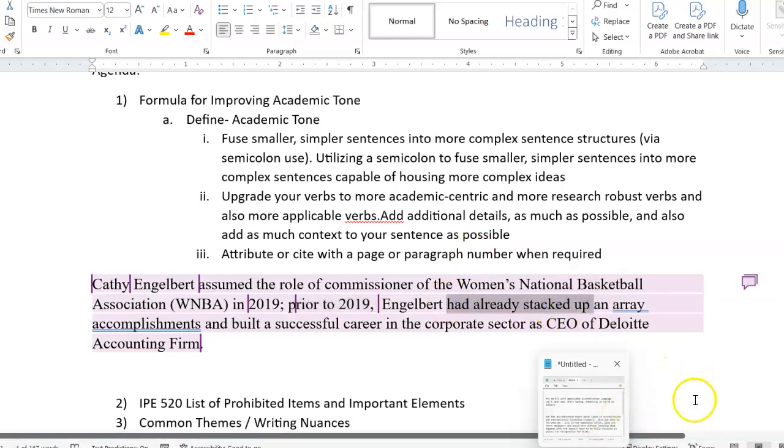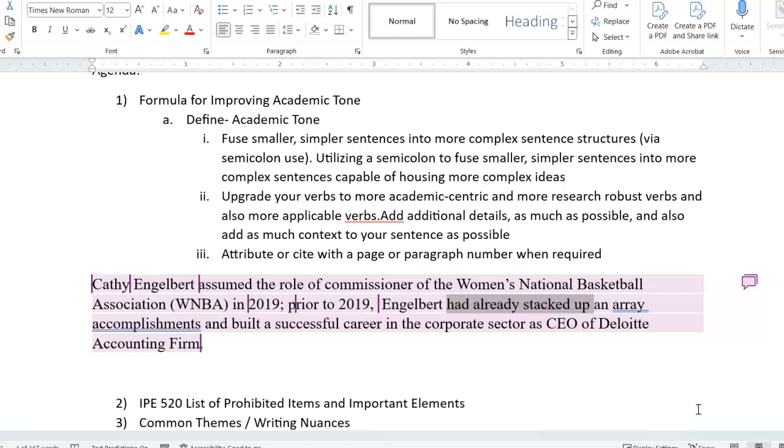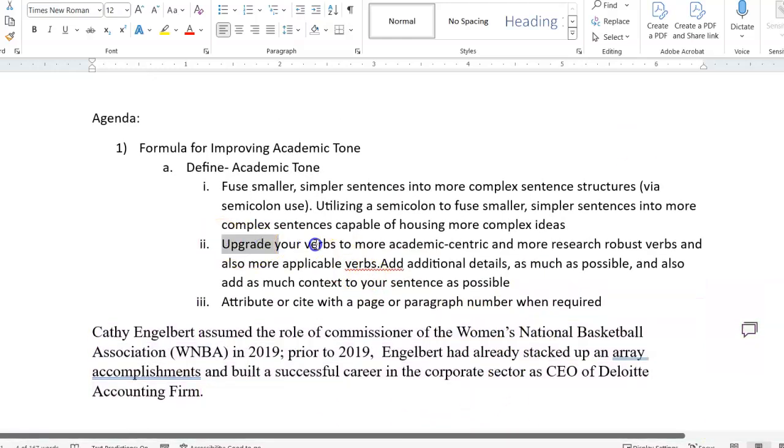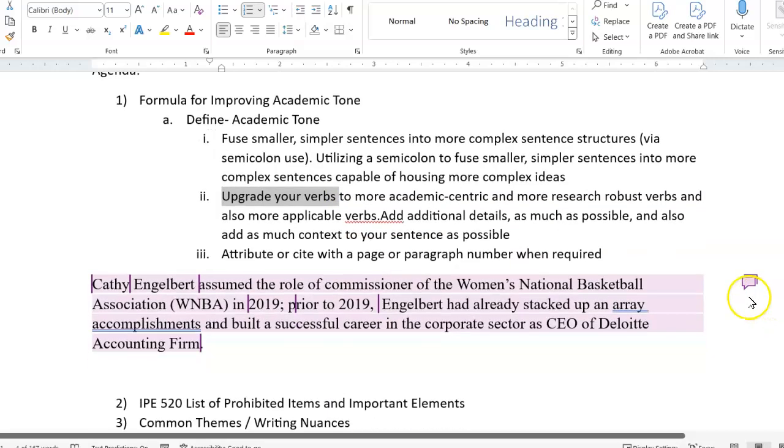Let's look at this particular portion of this excerpt here, "had already stacked up." Your initial inclination should be that we're using verbiage that's very conversational. It's indicative of writing as if you were speaking aloud. So instead of "had already stacked up," what's the best way to upgrade the academic tone here following step two?